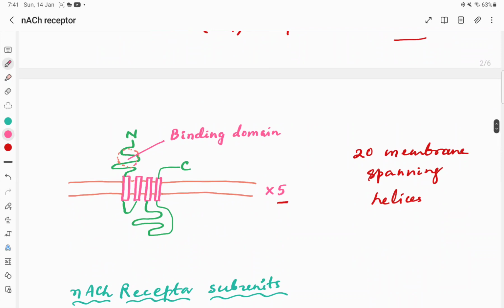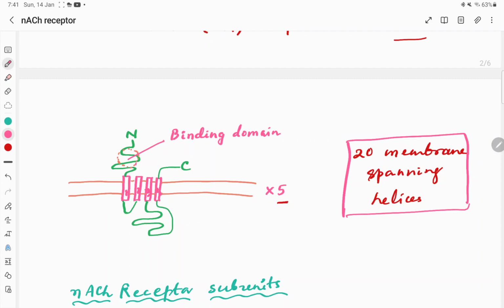If you see, each subunit spans through the cell membrane 4 times: 1, 2, 3 and 4. Since we have 5 subunits, in total we can have 20 membrane spanning helices.